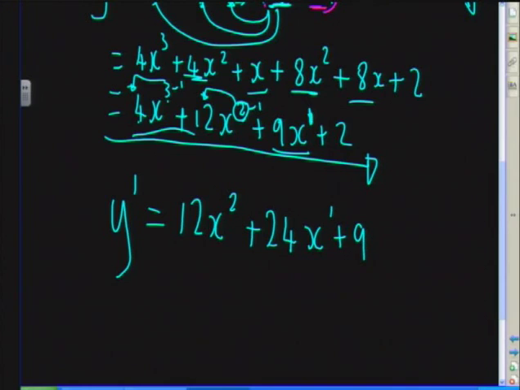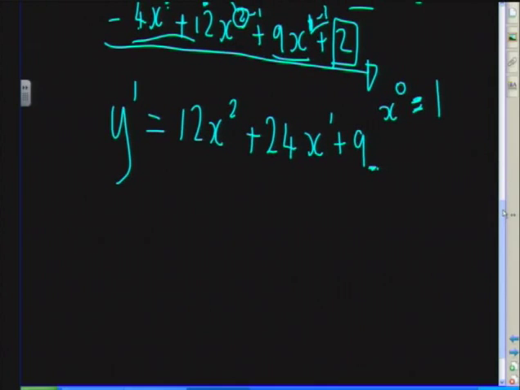From the power of the x, we subtract 1. 1 minus 1 is 0, and we get x to the 0. But x to the 0, remember from exponents, is 1. So therefore, I don't need to put anything next to the 9, because 9 times 1 is just 9. The derivative of the constant 2 is just 0, so we leave it out. So this gives me the gradient of the curve.